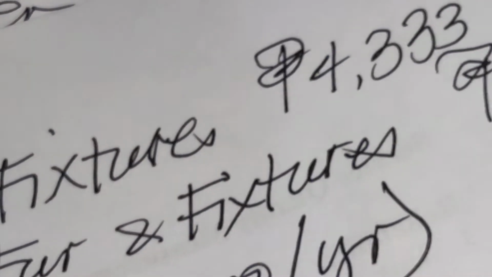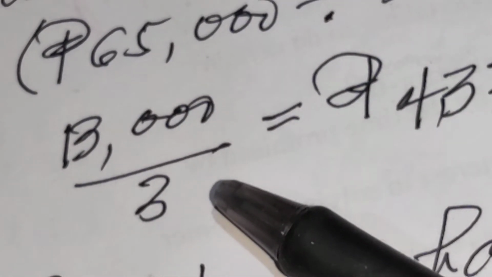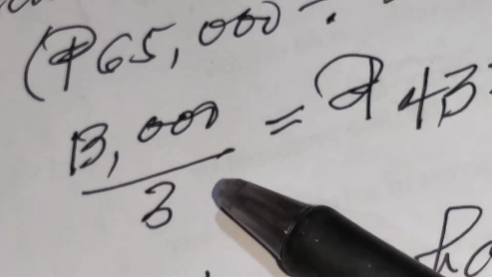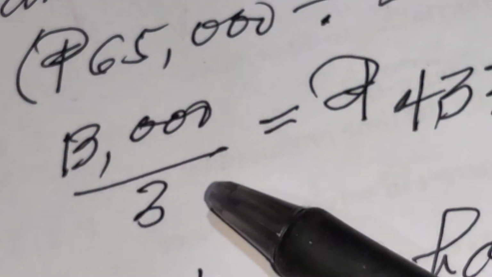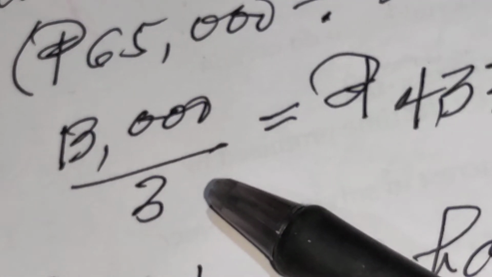There is no salvage value, so 65,000 minus 0, divided by 5, the estimated useful life, equals 13,000 per year. But it was bought on September 1, so count the months. September 1 to October 1 is 1 month. October 1 to November 1, 2 months.